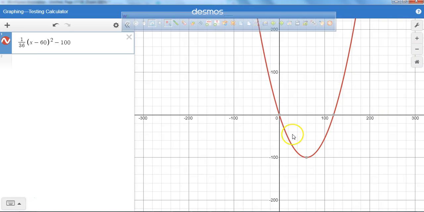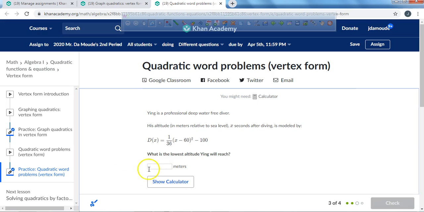Now you can kind of see it a little bit better. So you can see here's our zeros. There's our y-intercept and a 0. Looks like after 120 seconds, he went back up and reached sea level. So we have 60, negative 100. After 60 seconds, he reached a depth of negative 100 meters. And that's why the answer is negative 100.